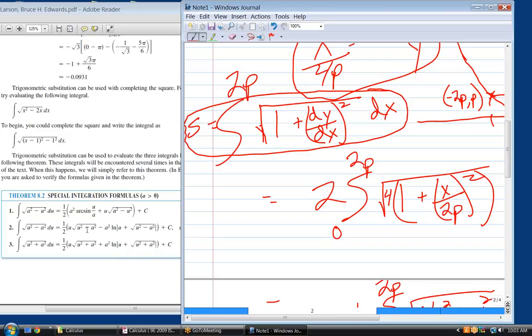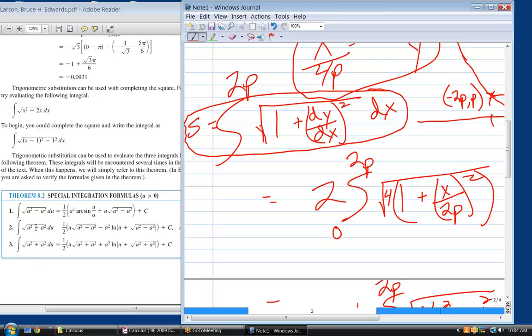Which we could work out on our own using trig substitution. If you'll remember, when we integrated by trig substitution, we constantly were looking at this, because you're talking about triangles. Notice that this is how you solve for the hypotenuse of a right triangle.